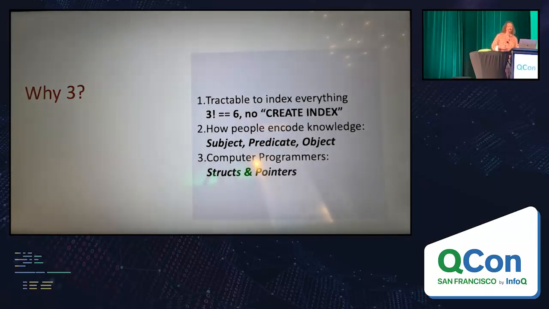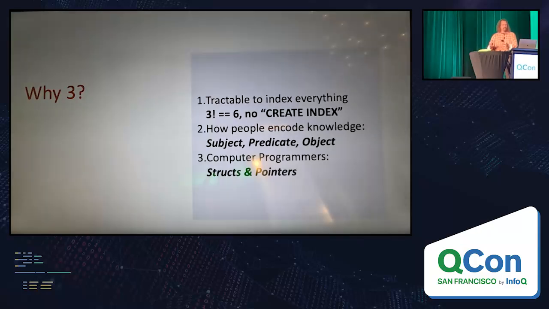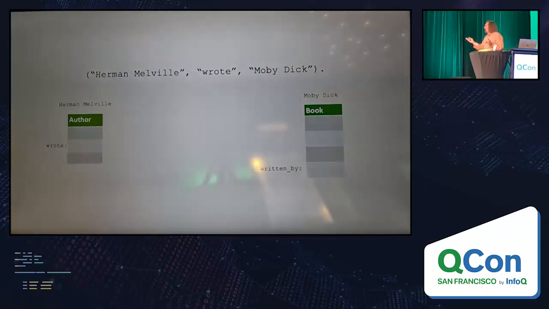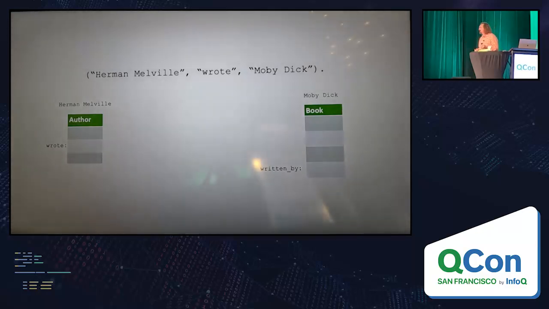And there's a subset of people, computer programmers, and they like to use structs and pointers when they're building a model of the world in an application. Because the whole point of having a database is to build applications with it, right? So let's go look at that world a little bit. Okay, so you have a triple, like Herman Melville wrote Moby Dick, just a fact, right?